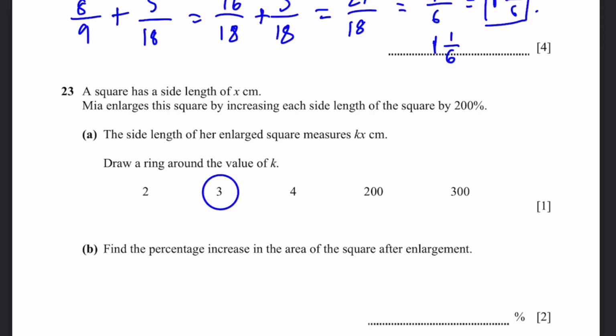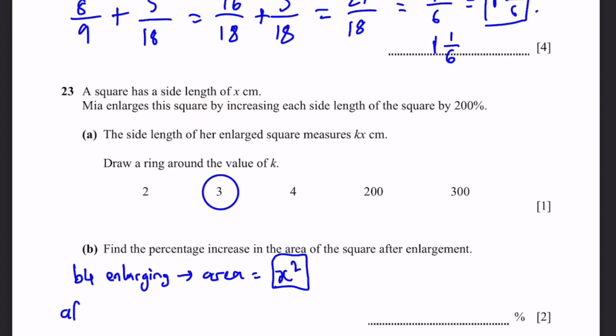Part B, find the percentage increase in the area of the square after enlargement. Well, at the start, before enlargement, the area is equal to x squared, because the area of a square is its side length squared.